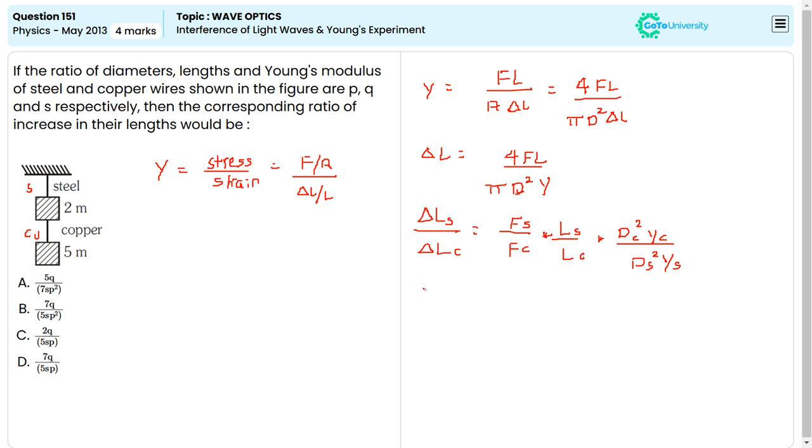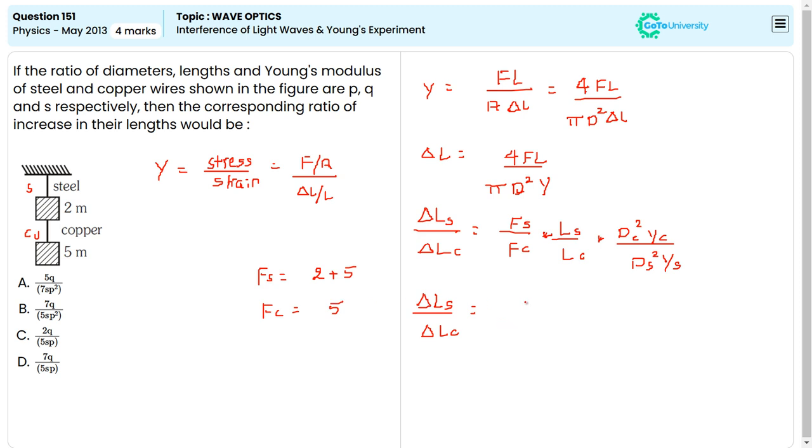Then by substituting those values, we get delta LS divided by delta LC, which is equal to the force of the steel. Fs is equal to 2 plus 5, and for the copper, Fc, that is force, is equal to only 5.